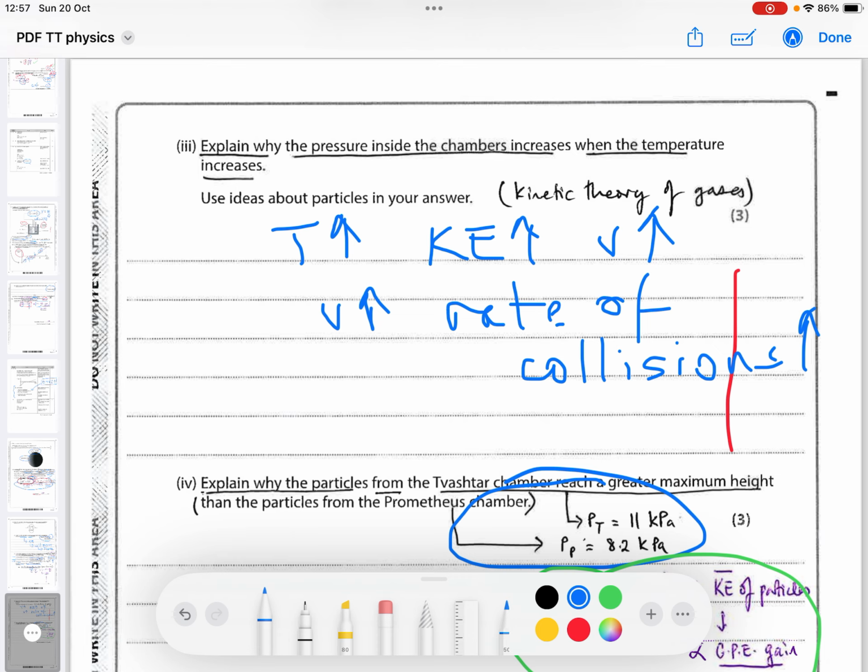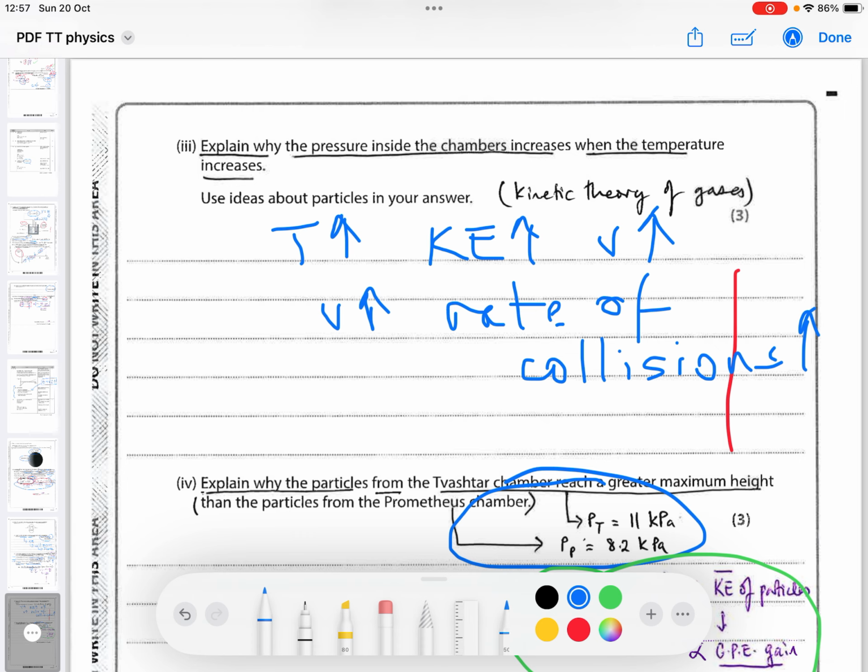More forces per unit time means that you're going to get a much higher rate of collisions, and the higher rate of collisions you can work out is going to be linked to pressure, because remember, force per unit area is what pressure is in terms of physics. Okay, hope that makes sense.